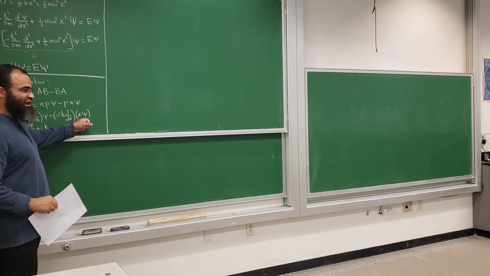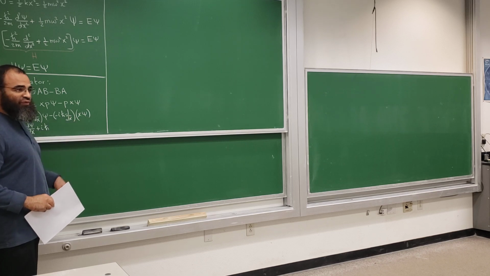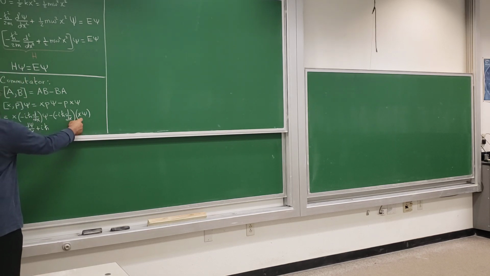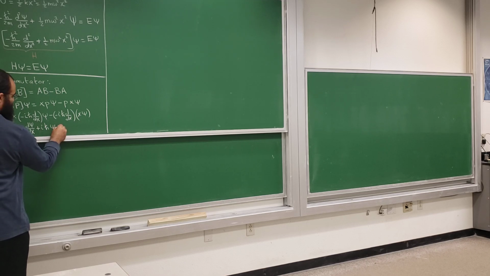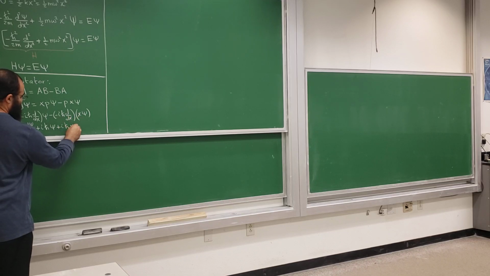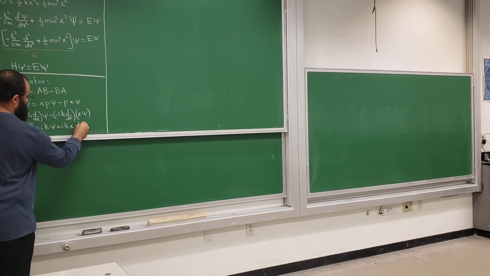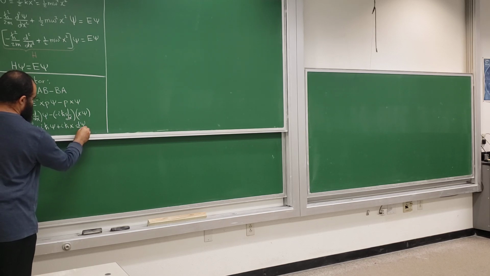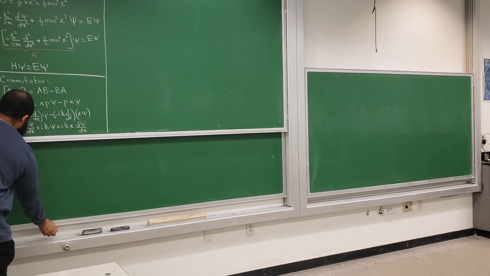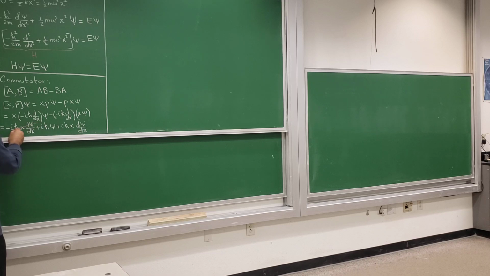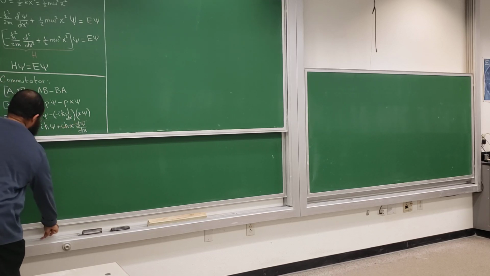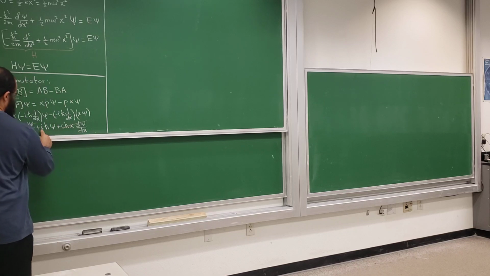Derivative of the first times the second plus the first times the derivative of the second. So what's the derivative of x with respect to x? Just 1, right? So we just have psi. And then plus i h bar, x times the derivative of psi with respect to x. You notice that this and this cancel. Okay, so what remains is this i h bar psi.